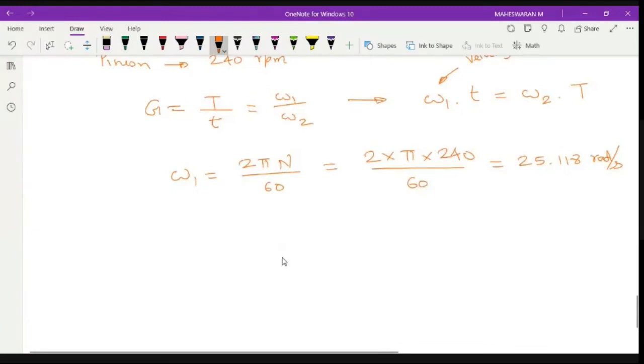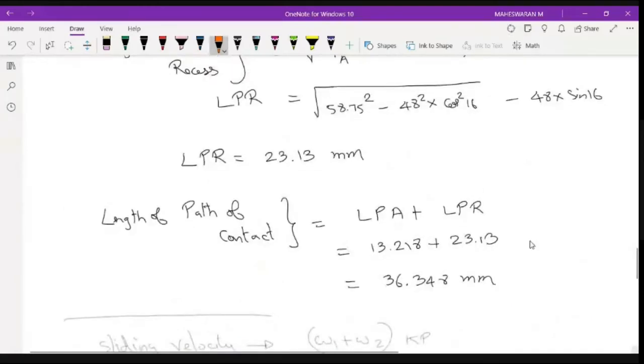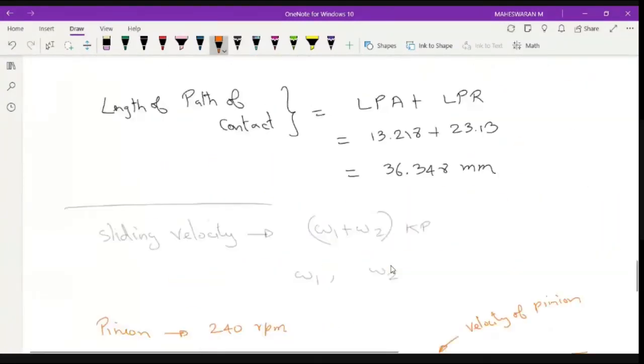Now we can use the formula omega 1 into small t equals omega 2 into capital T. Omega 1 is 25.118, small t is 16, equals omega 2 into capital T. Capital T is, sorry, 28, not 48.